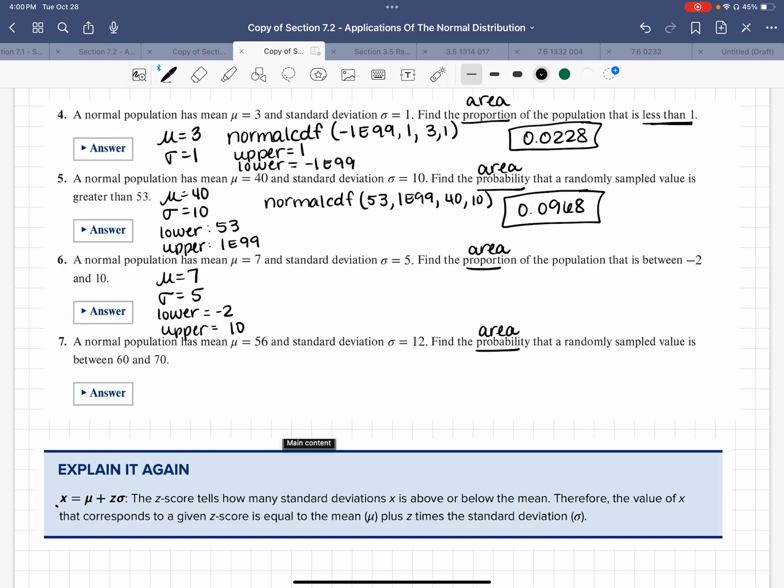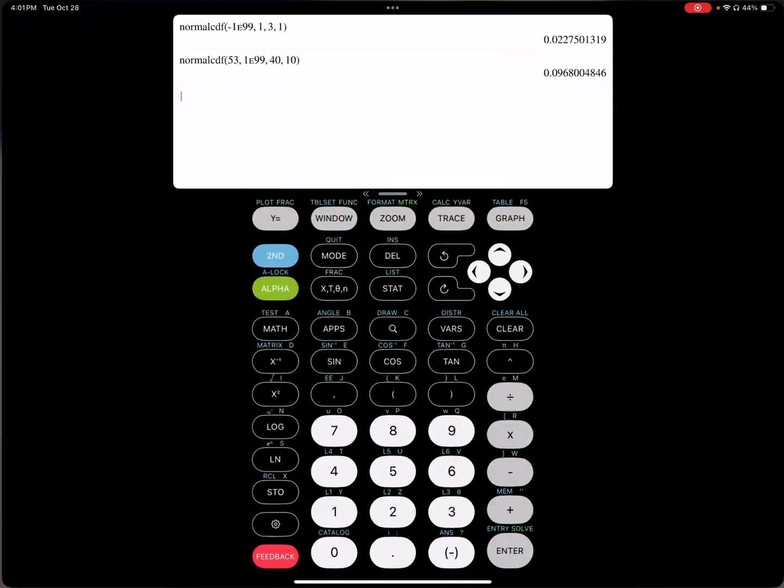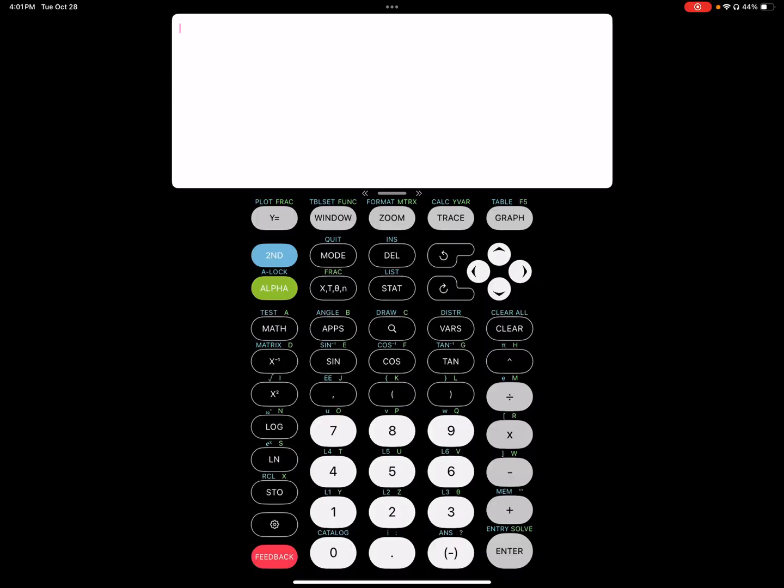So we're going to go ahead and find this, and then we're going to look at a picture. I like to give y'all a graph of what this is really talking about. I'm going from -2 to +10, with a mean of 7 and a standard deviation of 5. So I go to second VARS, number 2, normal CDF.